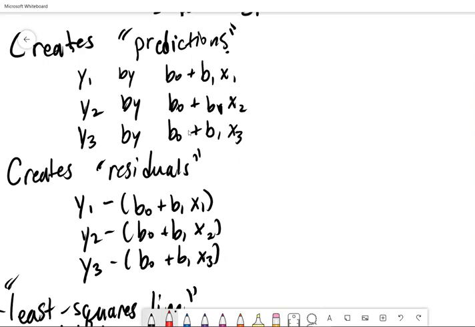I want to rewrite this stuff. Actually, let me do some color here. We're going to rewrite these statements. Instead of thinking about the observations, right?